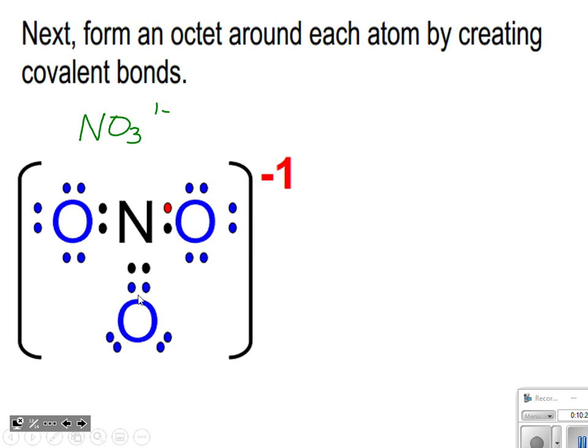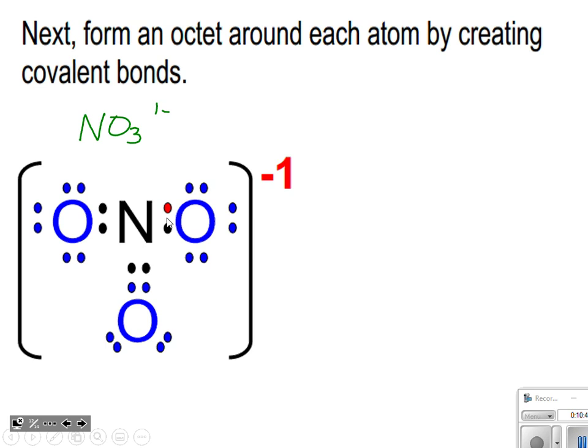Right here, what is this? 4 electrons being shared. What's 4 electrons being shared? A double bond. Right here, notice that red electron right there. That is the 1 electron that is being gained.